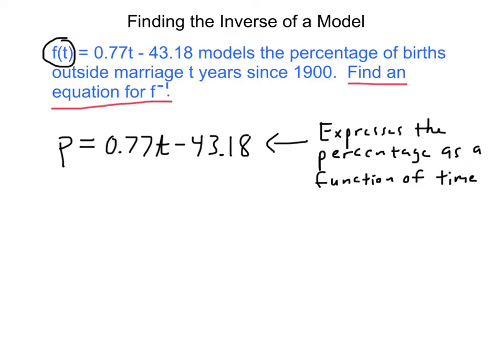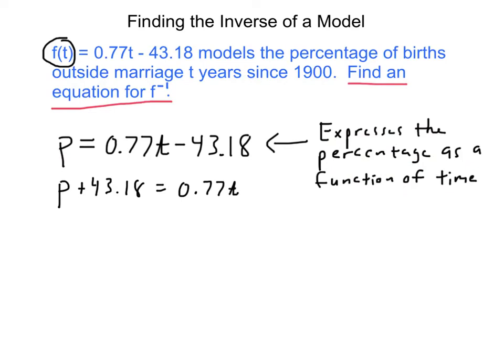So in order to do that, we would first add 43.18 to both sides of the equation. So that would give us p plus 43.18 equals 0.77t.